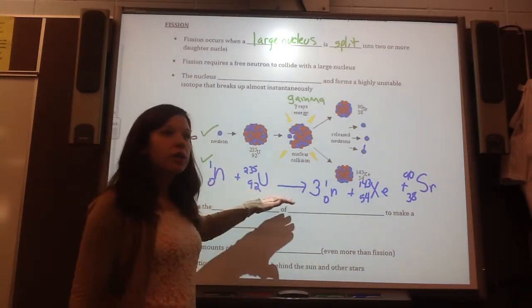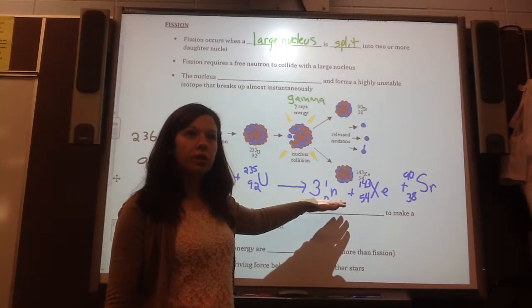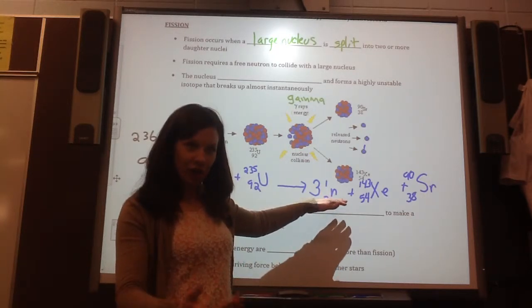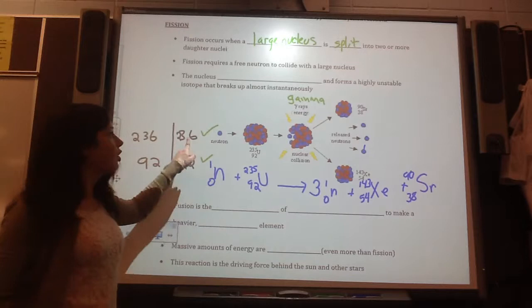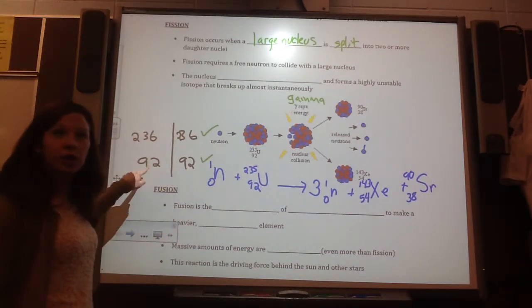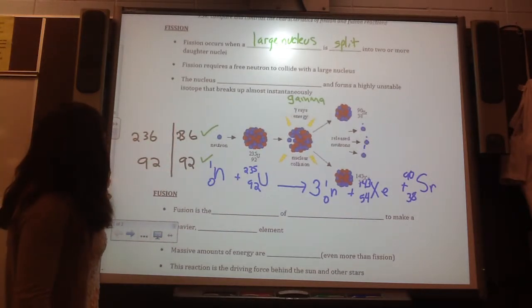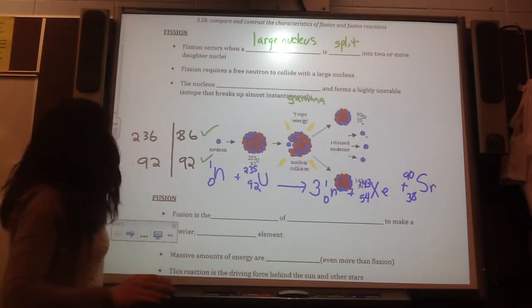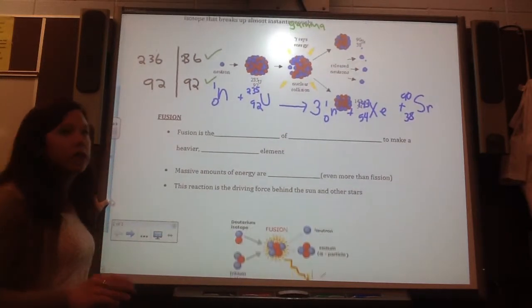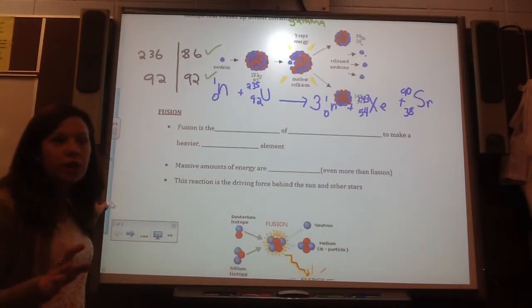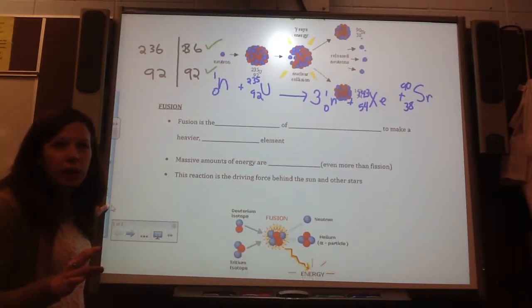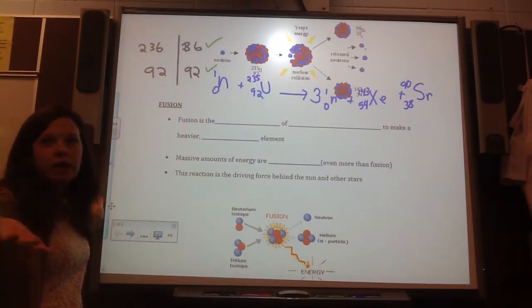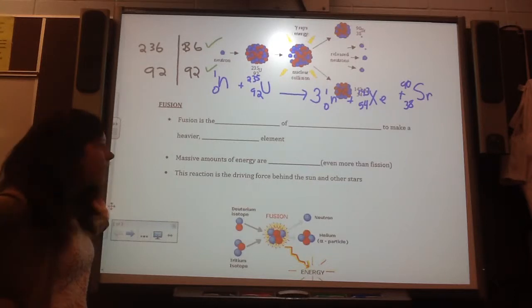And the bottom is conservation of charge, okay? So conservation of nucleons, conservation of charge. Next lesson, we're going to be doing the last one, conservation of mass-energy. That's Einstein's theory. That's the one that we'll do next.